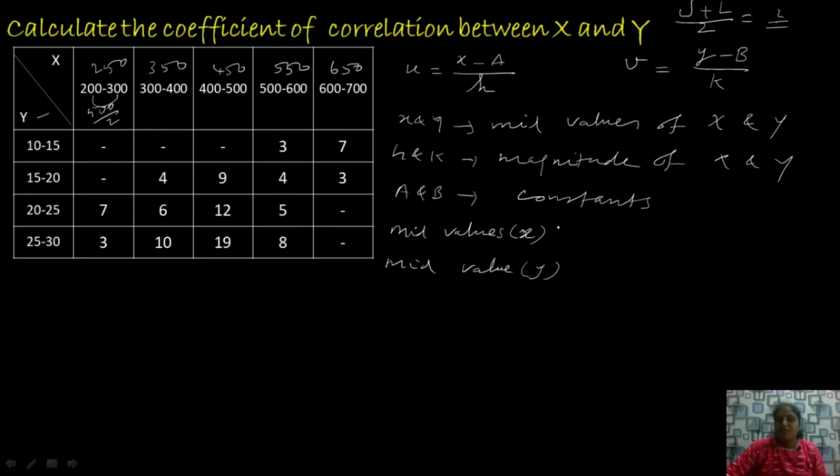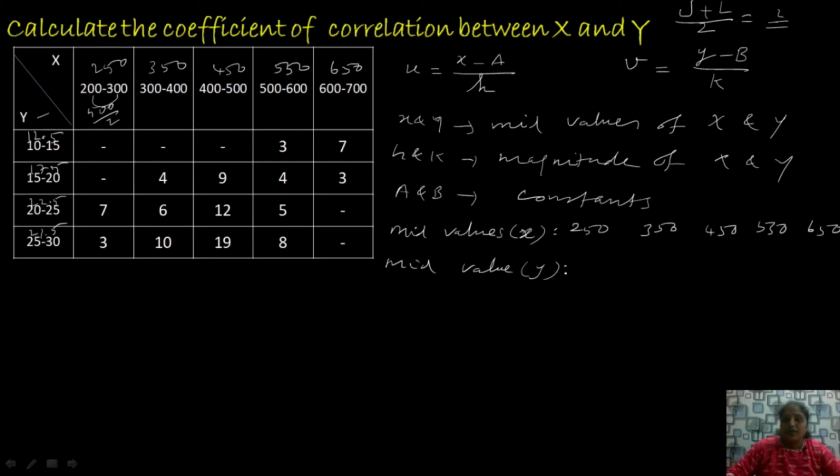So the mid values of x are 250, 350, 450, 550 and 650. And the middle values of the class intervals of y: for 10 to 15, the mid value is 12.5, then 17.5, 22.5, and 27.5.